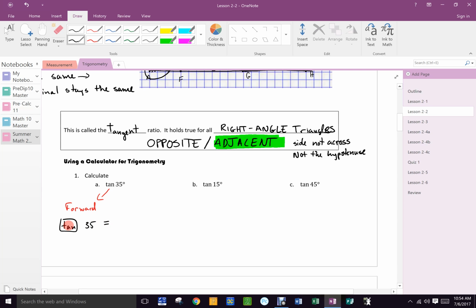If your calculator doesn't write the word tan, you have what I call a backwards calculator. And in that case, you simply reverse the order. You do 35 tan. And you probably won't need to hit equals. Everybody do one of those two things and tell me what your calculator shows to the third decimal place. Yes, it should say 0.700.